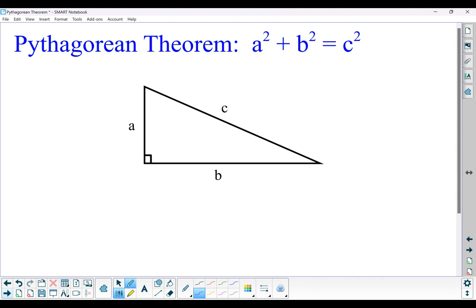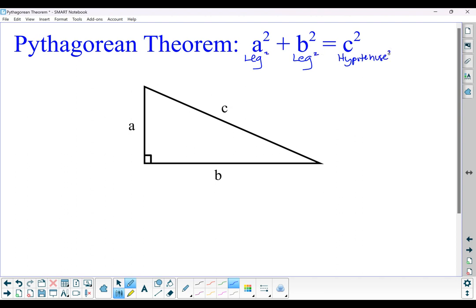All right, so we're going to review the Pythagorean theorem today. The Pythagorean theorem is an equation that relates the sides of a right triangle. It tells us that if we have a leg of the triangle squared and we add it to the other leg of the triangle squared, it is equal to the hypotenuse squared.